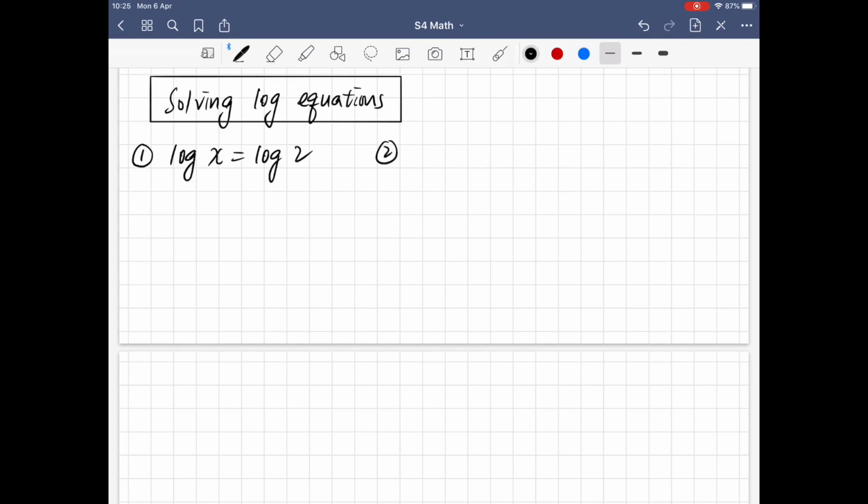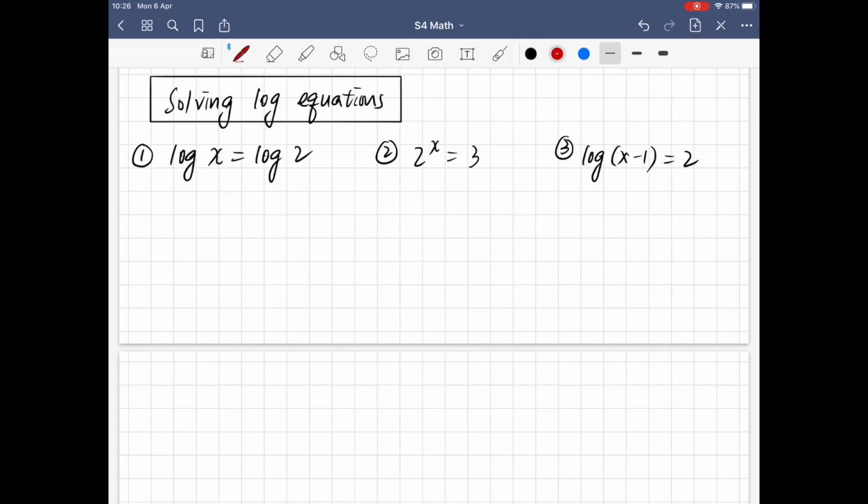And the second one, 2 to the power x equals 3. And the third one, log (x minus 1) equals 2. Can you identify the differences in these 3 examples? And what are the techniques of solving these 3 equations? Okay, and I will show you one by one.